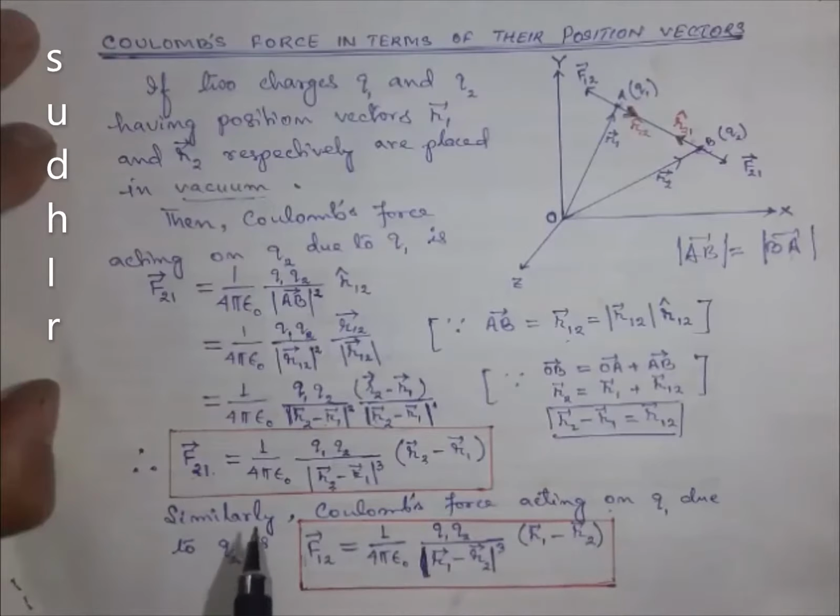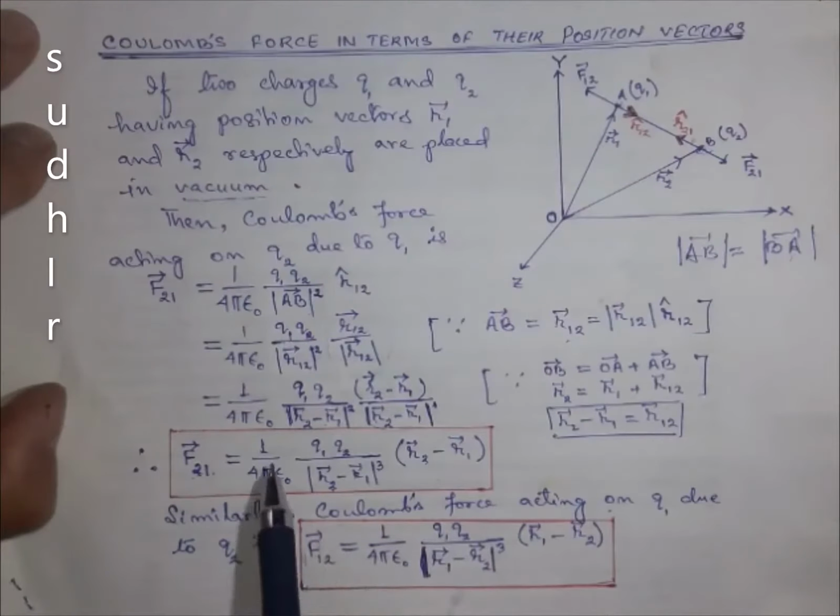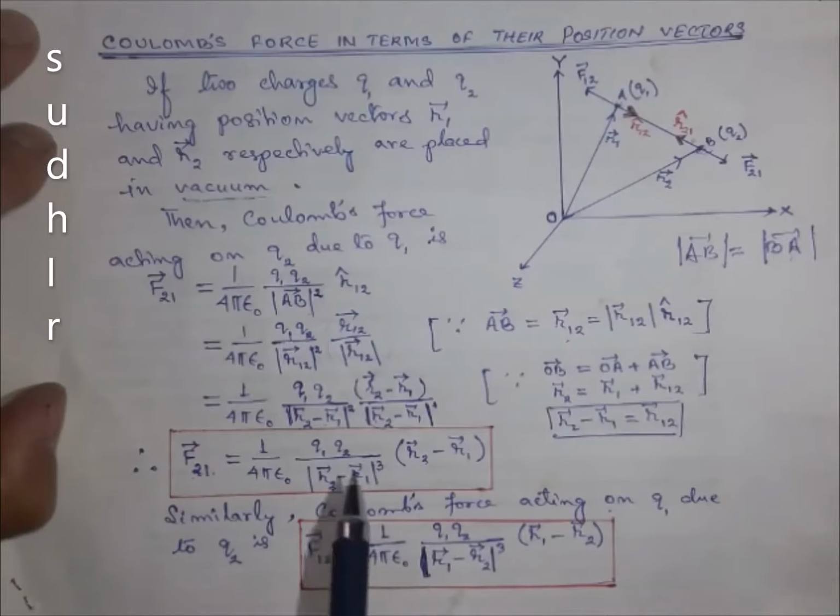Similarly, if you are going to write the Coulomb's force acting on the first charge Q1 due to the second charge Q2, then it will be expressed by taking the analogy from here. This F12 vector will be equal to 1 by 4 pi epsilon naught Q1 Q2, which are the same.